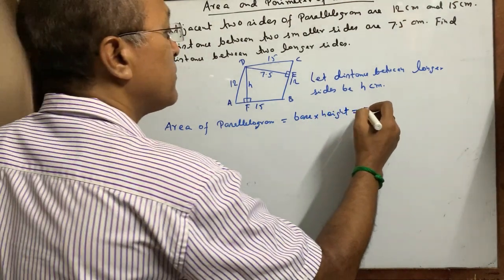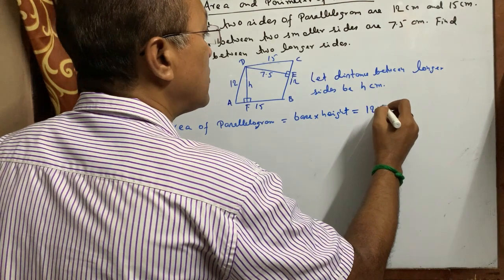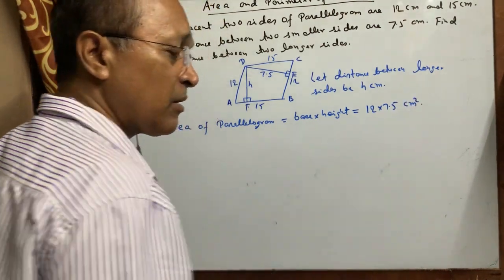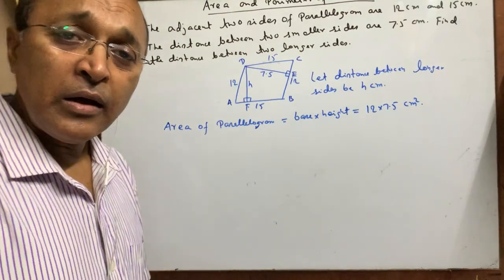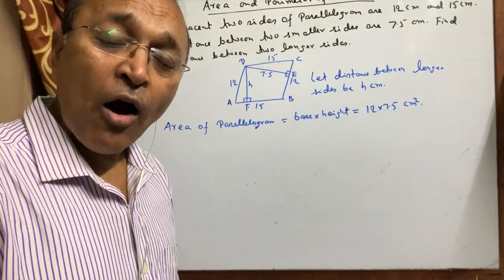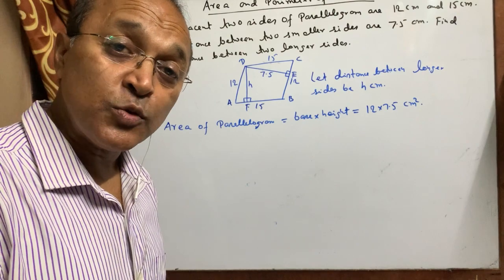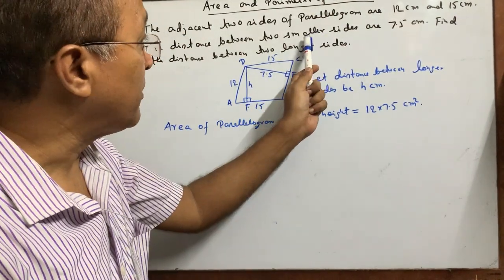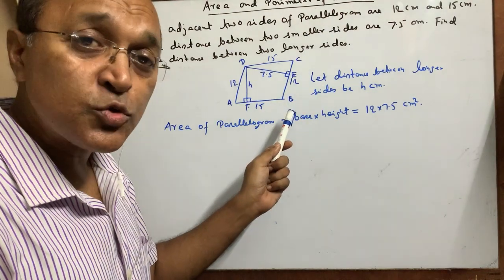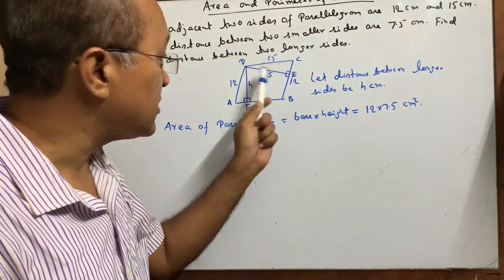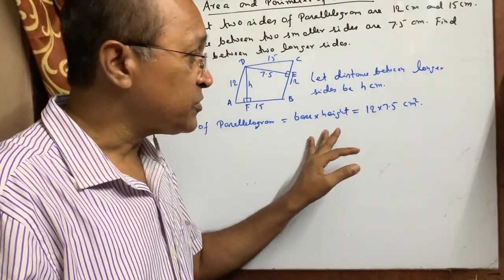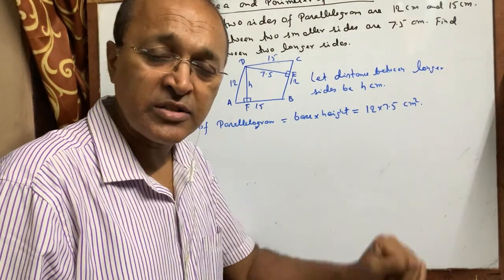Here it is 12 into 7.5 square centimeter, because all of you know that area of parallelogram is base into height. Here base is the smaller side, which is 12 centimeter, and height is 7.5 centimeter. So area becomes 12 into 7.5 square centimeter.